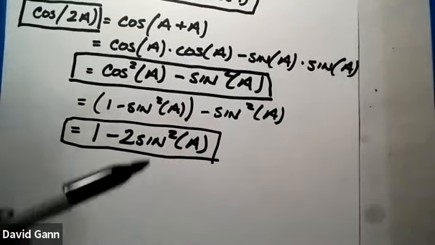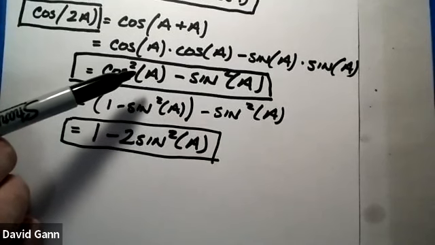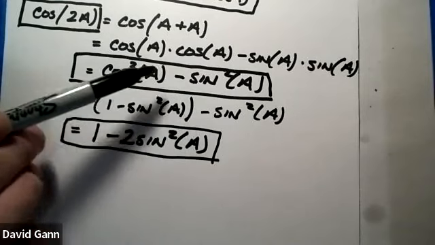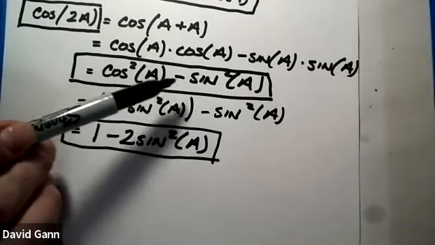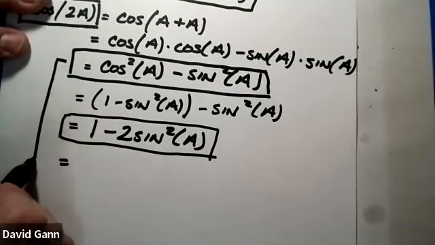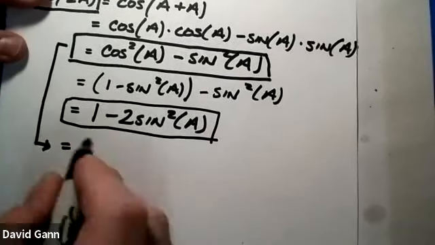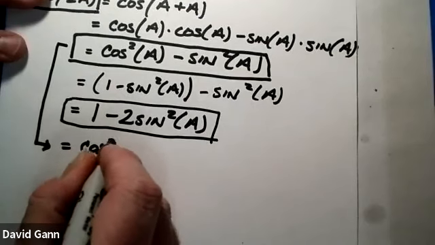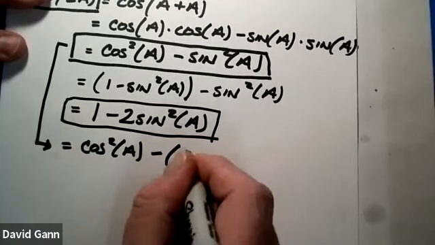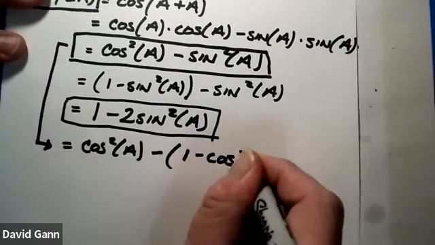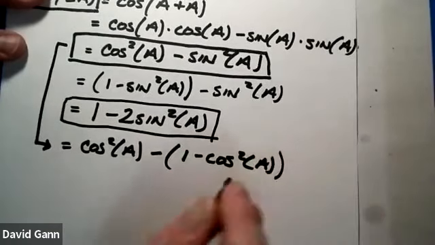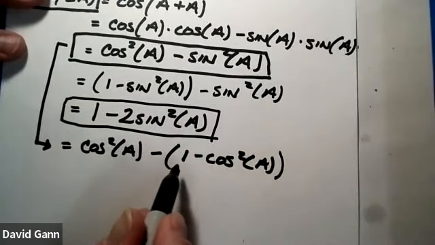And now what we're going to do is come back to this original expression and do the same thing, except we're going to make a substitution for sine squared as opposed to cosine squared. Okay, so going back from this expression, we have cosine squared of A minus the quantity 1 minus cosine squared of A. I'm just substituting for sine squared, being careful with the sign.